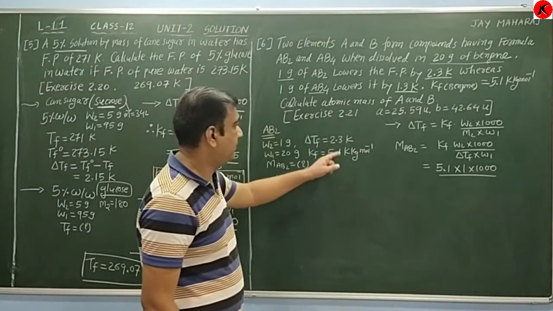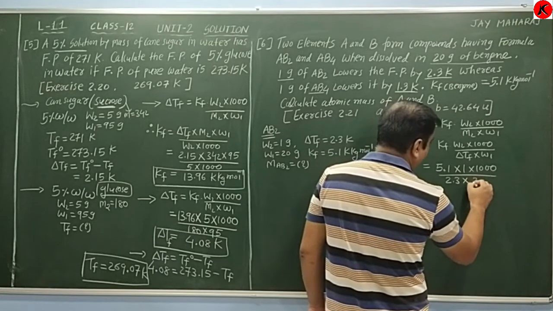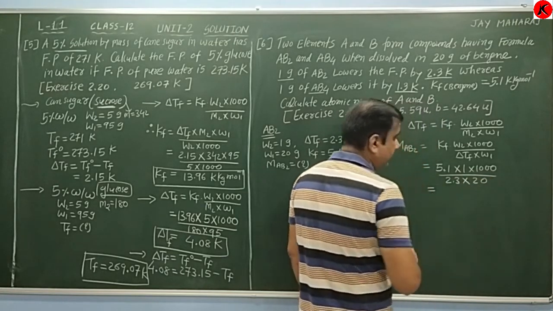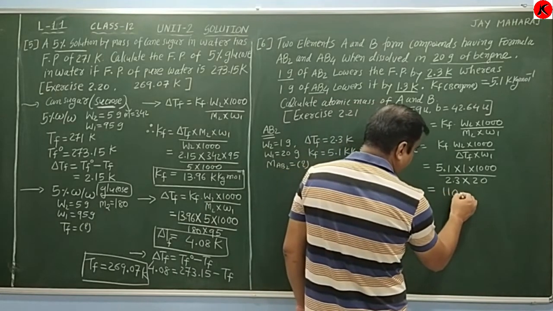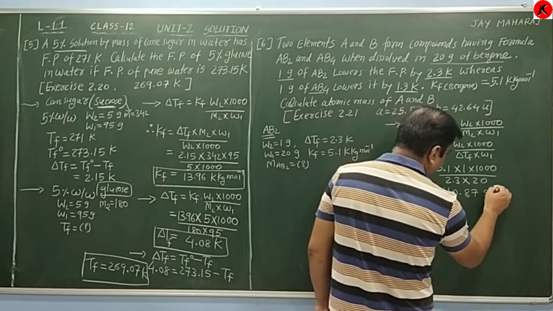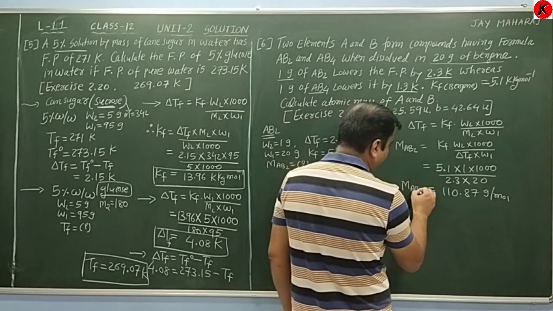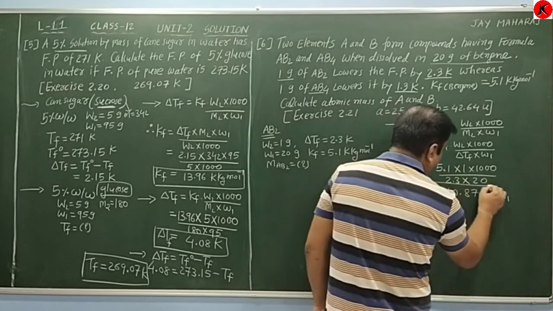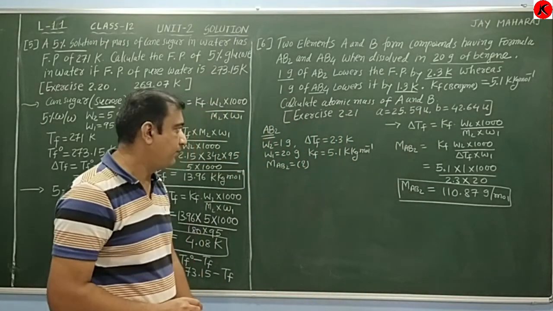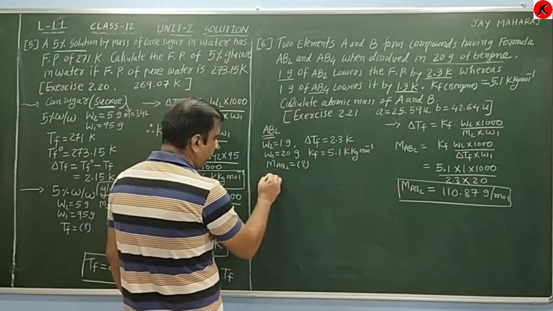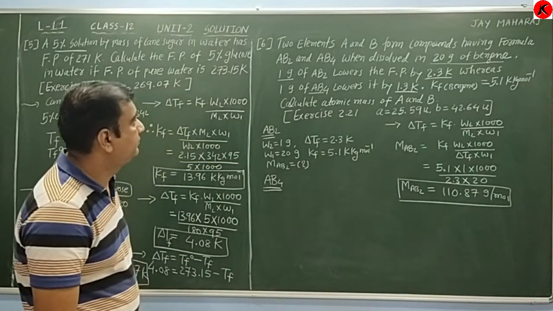Delta TF is given as 2.3 and W1 is 20 gram. When this is simplified, you will get the answer 110.87 gram per mole. That means MAB2 is 110.87 gram per mole.